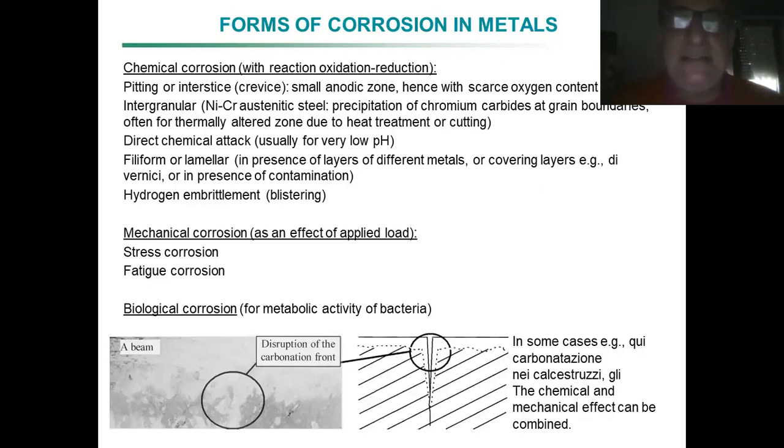Or you can have some anodic zones which are intercalated between other cathodic zones, for example, going into interstices, penetrating areas which are not easily accessible. In many structures, let's come back to the bicycle frame, there are areas which are not easy to clean.